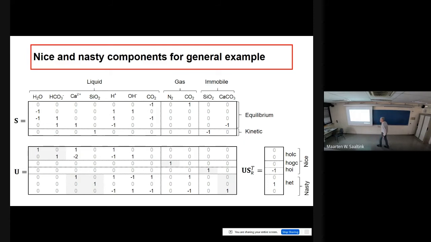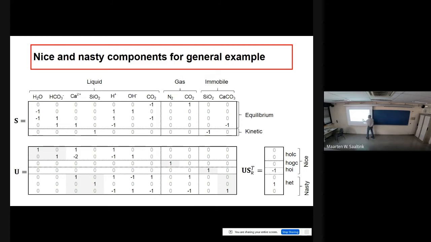To be a bit careful, but in this case, this is full rank. So I have 1, 2, 3, 4, 5. So 7 minus 5 is 2. So I have two homogeneous liquid conservative rows.